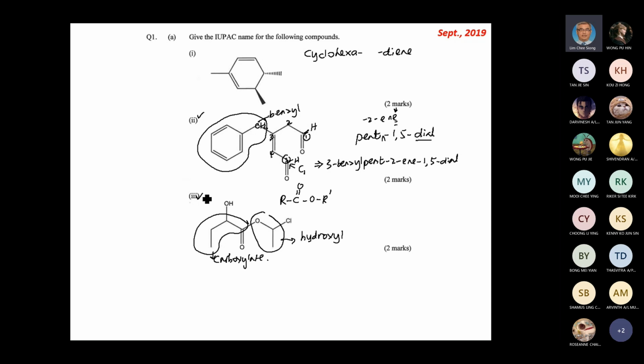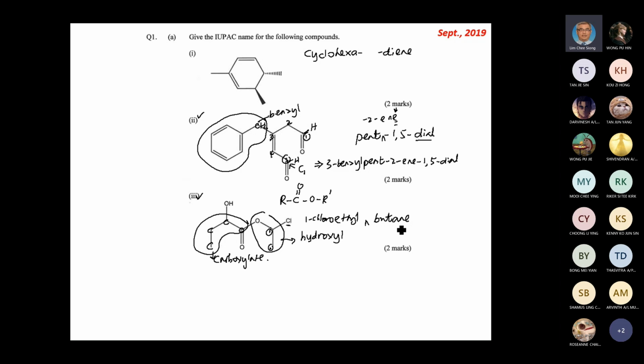Okay, then question number 3. Hydroxyl, we got 1, 2, two carbons, ethyl. And here, carbon number 1, carbon number 2, we attach with chloro. So it should be 1-chloro, 1-chloroethyl for the alkyl group. And this one gives you carbon 1, 2, 3, and 4, all single bonds, butane. Okay, butane.